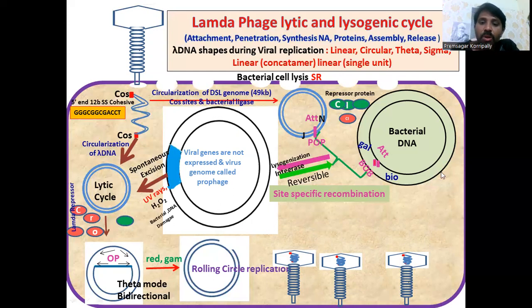Now, the next phase is the release of the viral progeny, which requires the breakdown of both the cytoplasmic plasma membrane as well as the bacterial cell wall. The bacterial plasma membrane is degraded by the holin molecules.